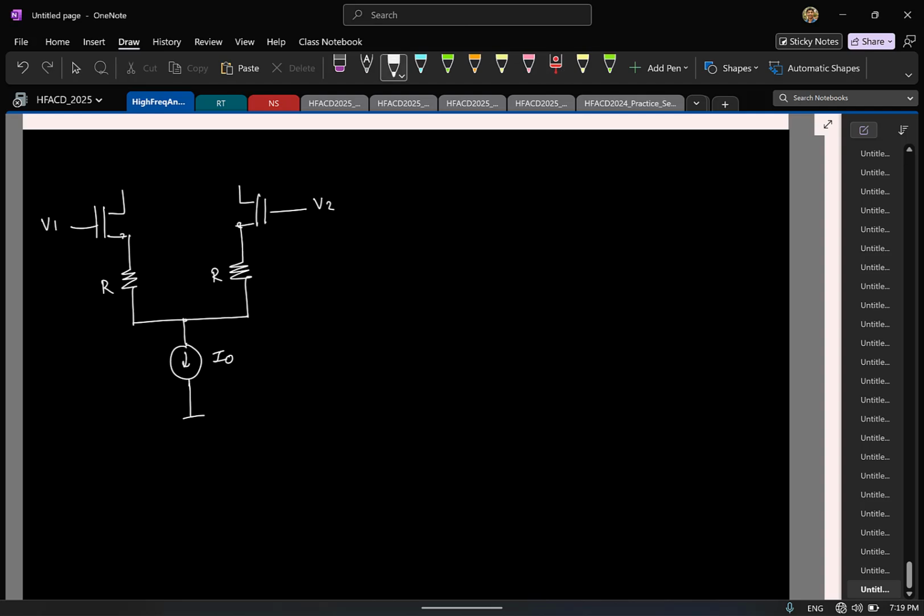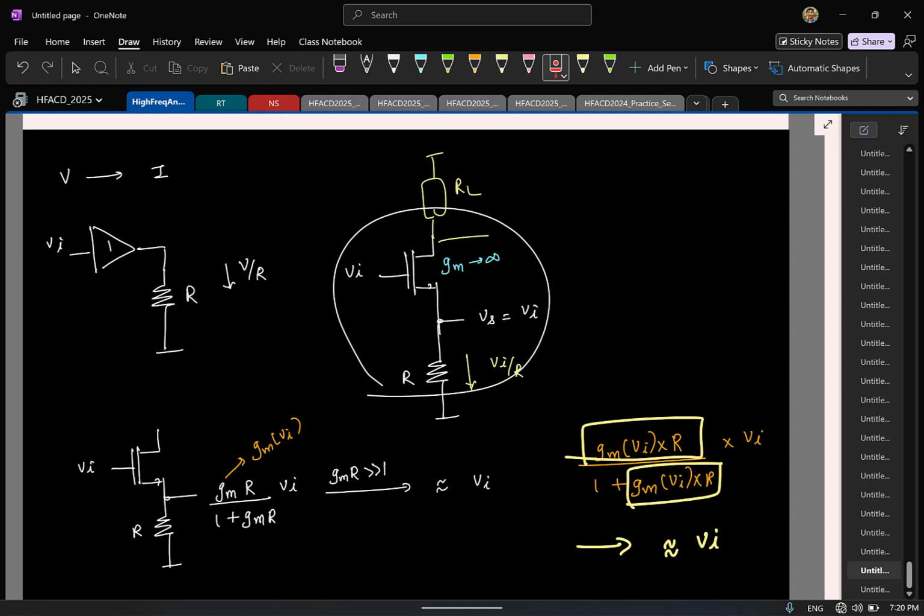What is the short circuit GM now? What was the relation between the current and voltage in this circuit? What is the proportionality constant?